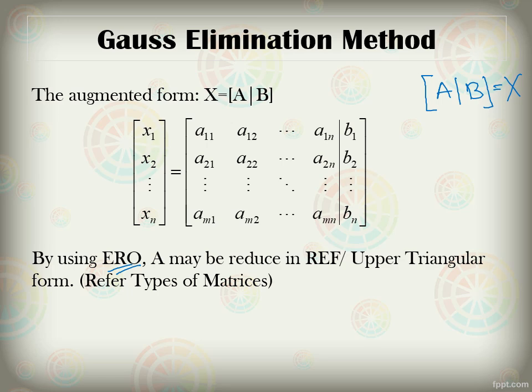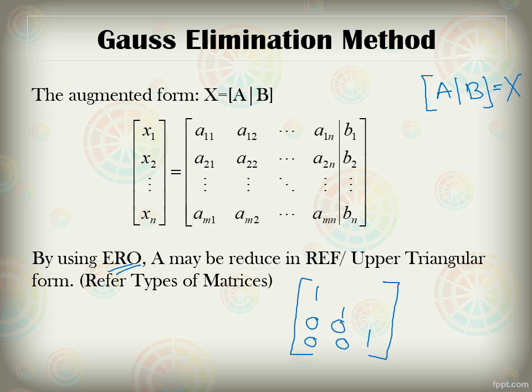Okay, if you forget what is REF form, please refer back to the lecture types of matrices. Basically, REF form is you reduce your matrix, your matrix would be a diagonal one, and the bottom part will be all zero.